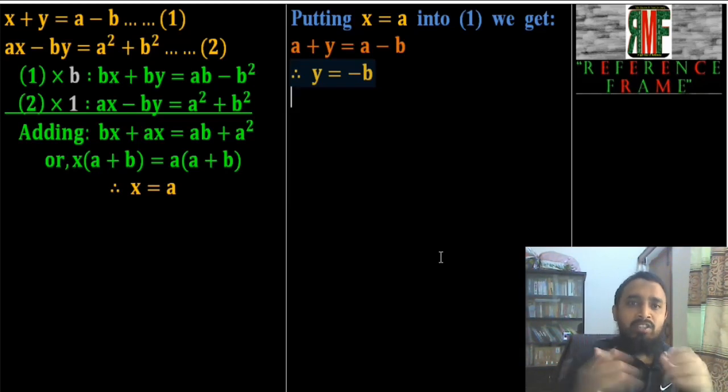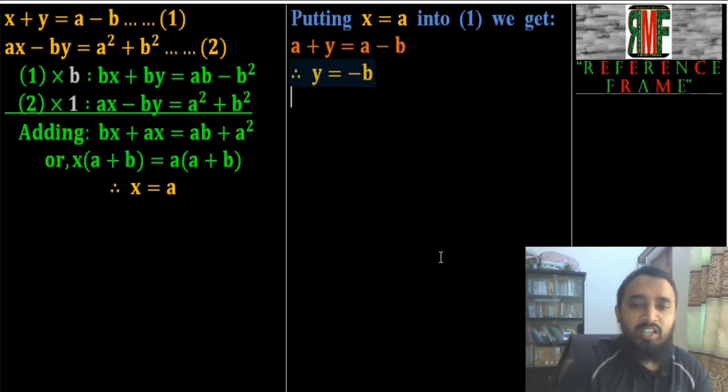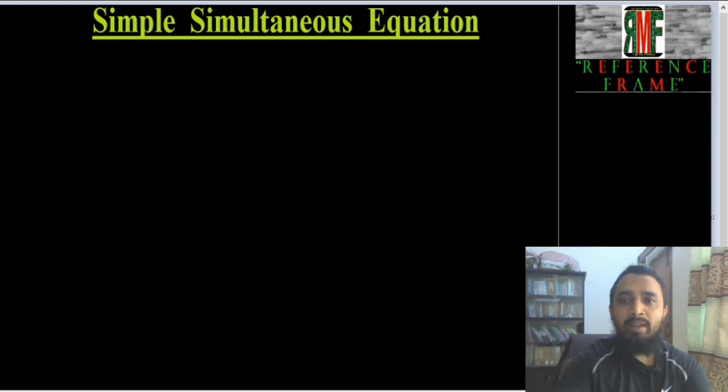So look, by solving these two simple simultaneous equations, we got the values of x and y, where x equals a and y equals minus b.